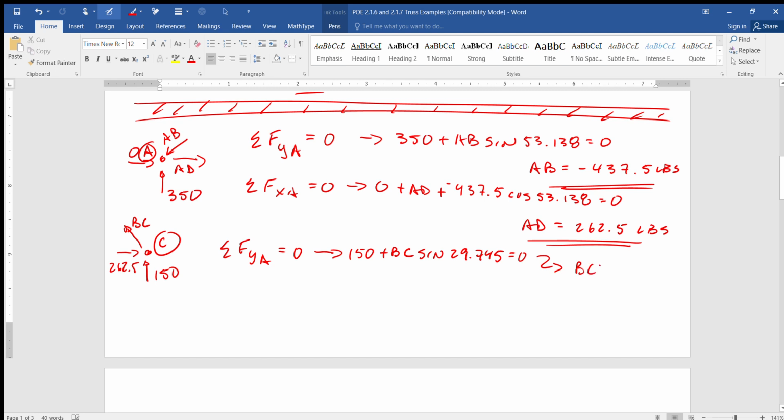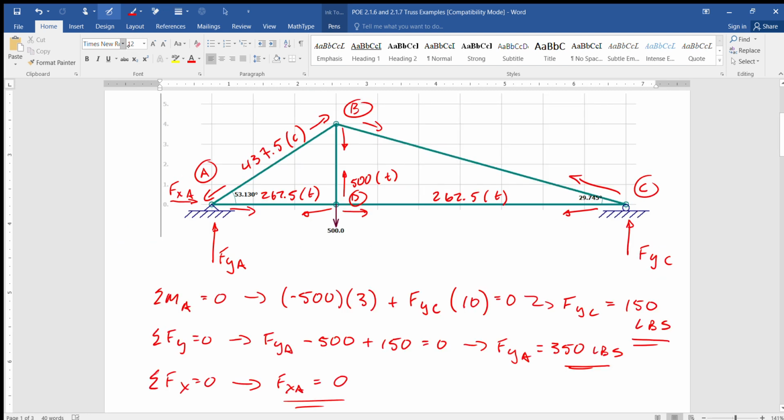BC equals negative 302.3. So now we know we have our arrow backwards, and we put it on the other way. Also have it backwards up here. So we go back and put it on the other way.